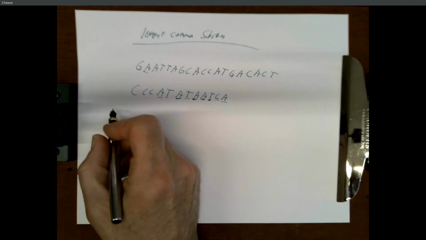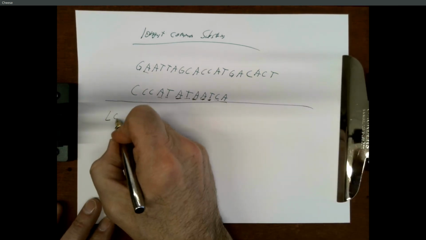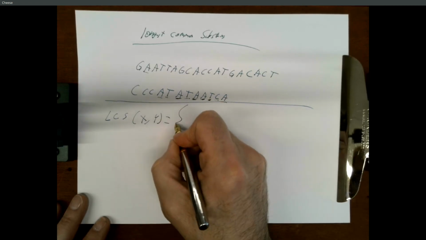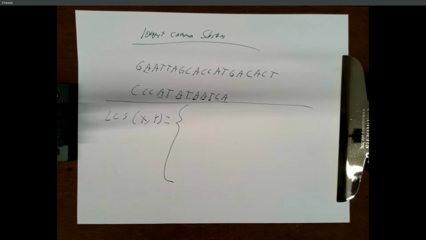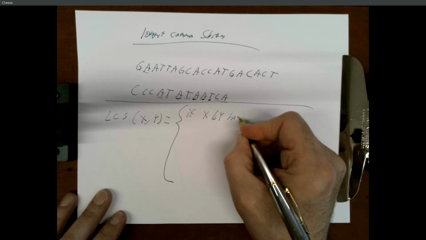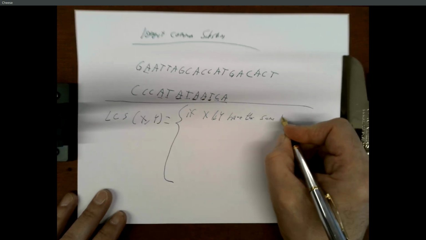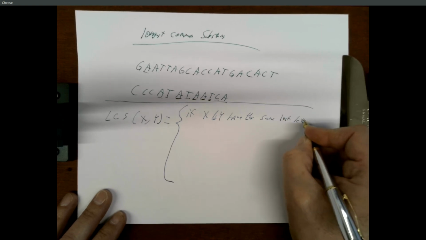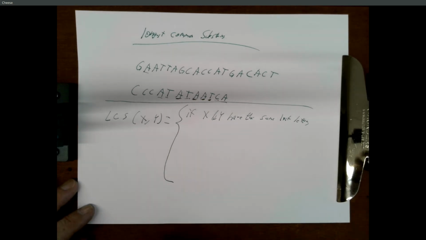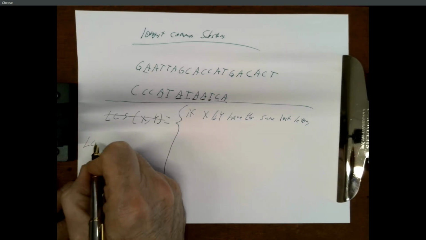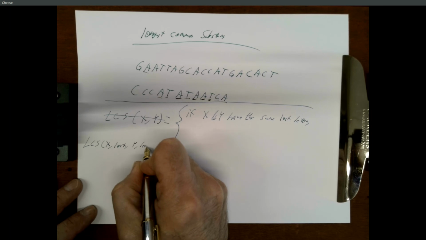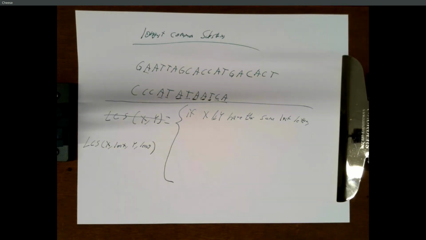But we can write this as a nice recursive definition. So longest common subsequence of X and Y. And it's just got a few possibilities. So if X and Y have the same last letter, and I don't want to get bogged down in mechanics, but let's add the length to our strings as arguments.